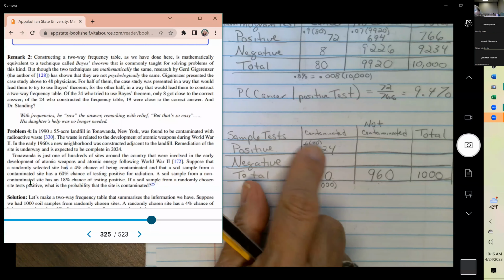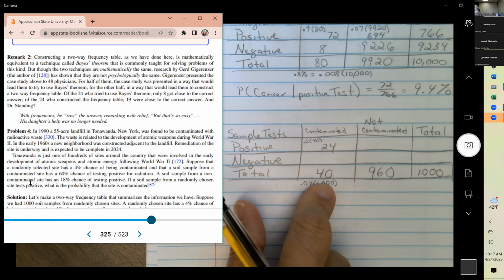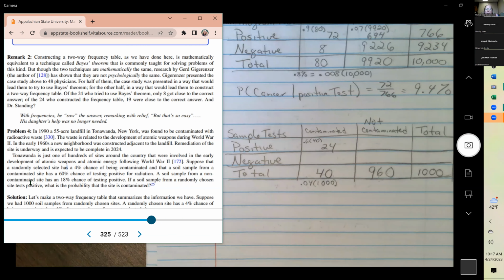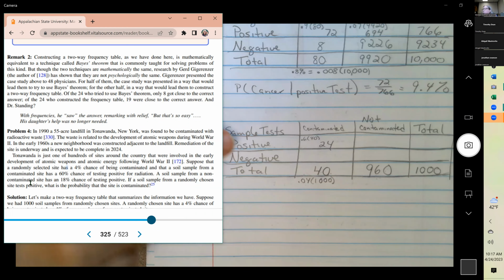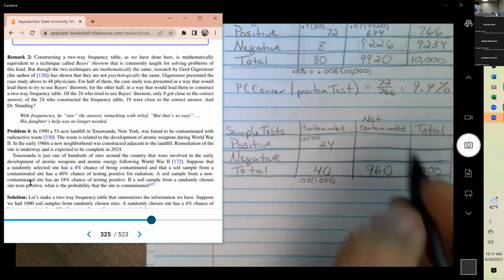Sixty percent of the contaminated ones, 24. Any questions on that? Forty minus 24 is 16.